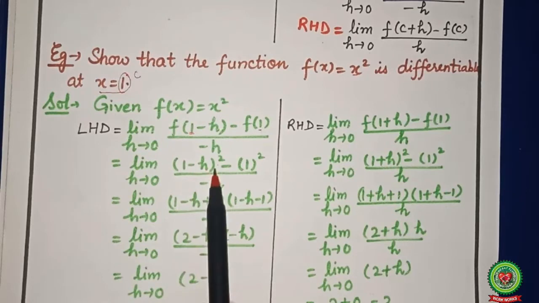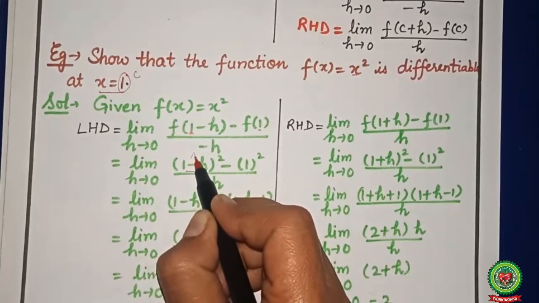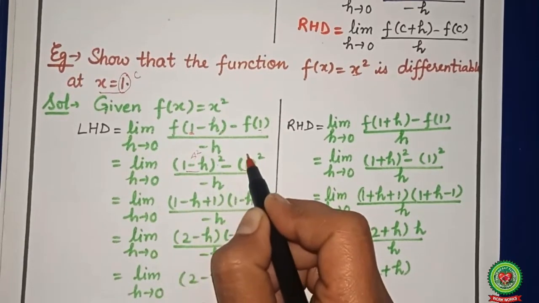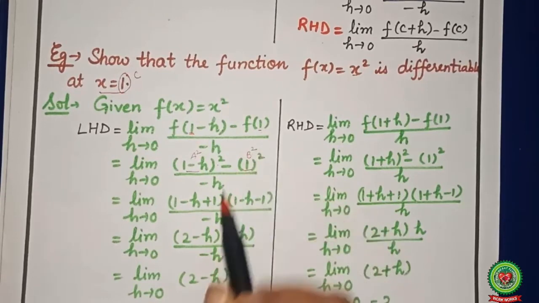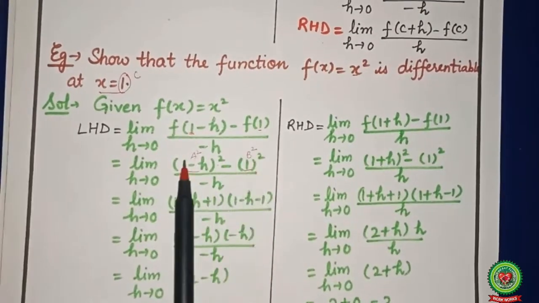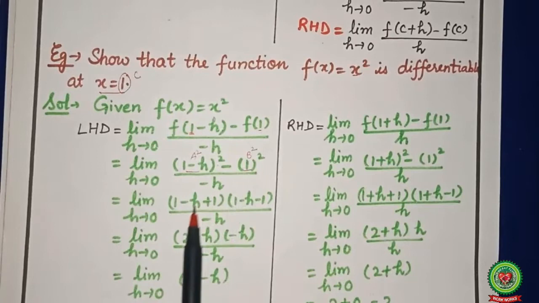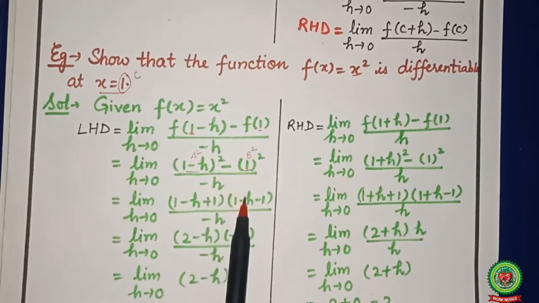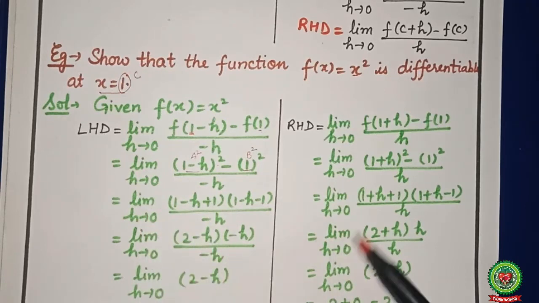Now, you can see that it is of the form a square minus b square. So apply the identity here, a minus b and a plus b. So we get (1 minus h plus 1) times (1 minus h minus 1) upon minus h, and the limit is approaching 0.